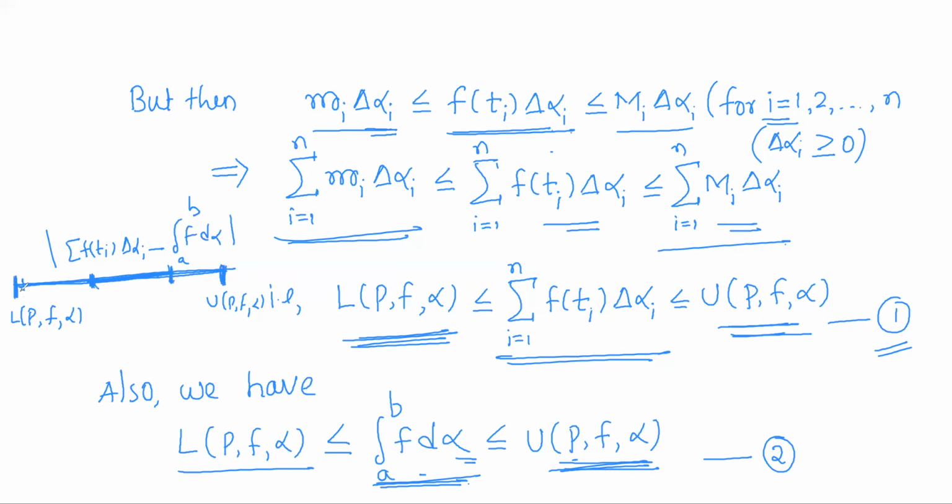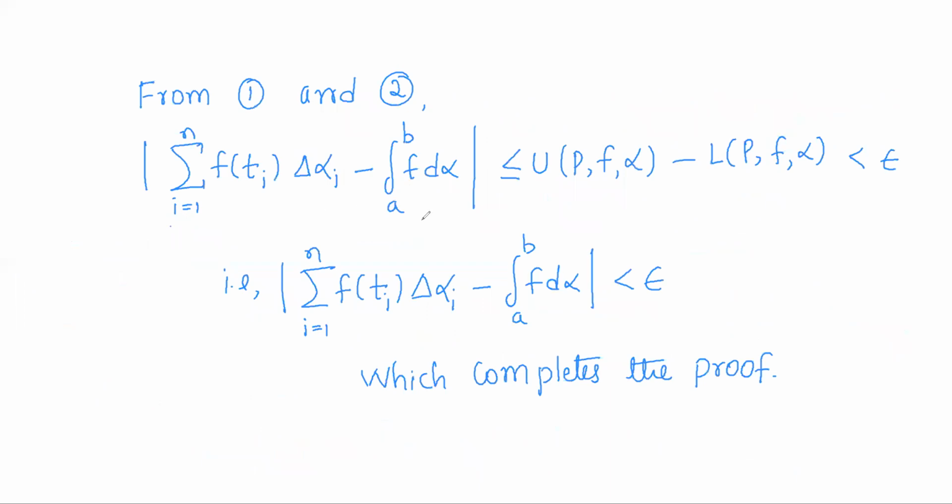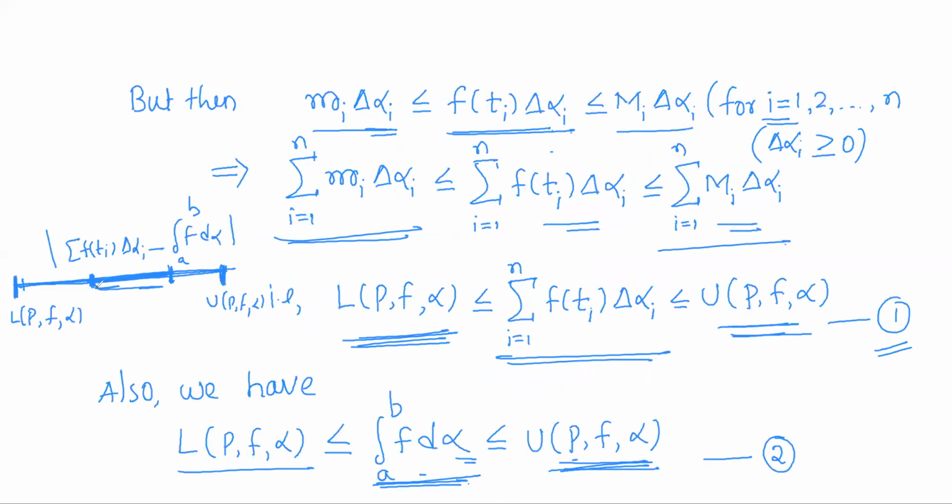So that is what we have done here. Take the absolute value of the difference, that is, subtract the smaller from the larger one. So the absolute value will be less than or equal to U(P,f,α) minus L(P,f,α). So this difference is nothing but this one, and U(P,f,α) minus L(P,f,α) means this one.